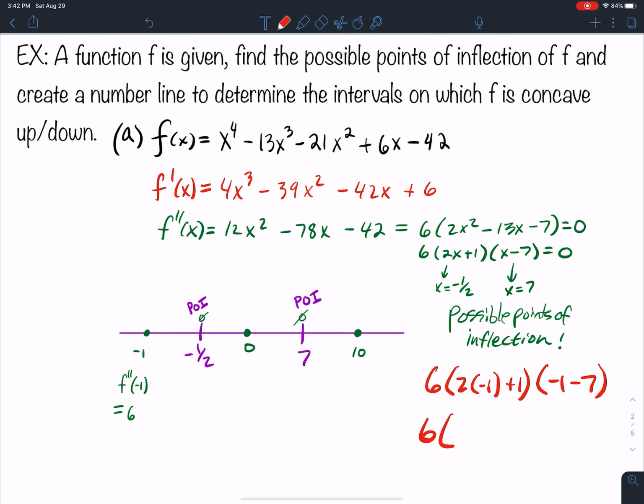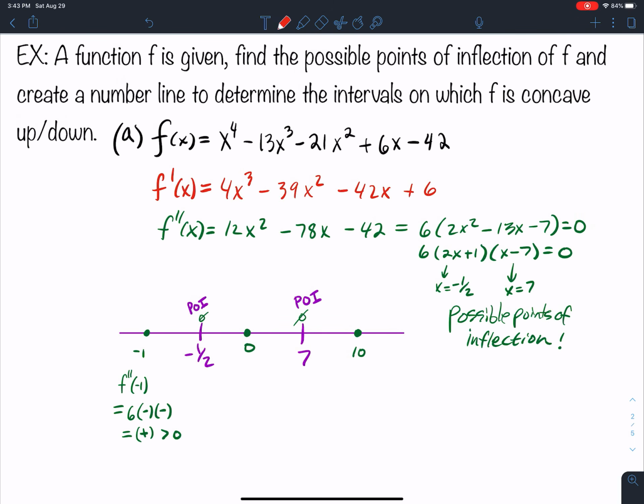So that's 6 times, what is this? That's negative 2 and a plus 1. That's a negative 1, and then a negative 8. So a negative and a negative make a positive. Okay? So positive is greater than 0 on this interval here.